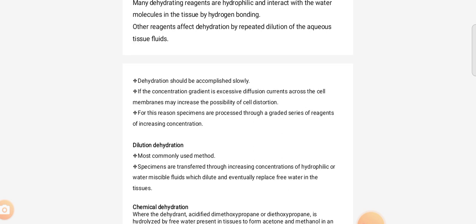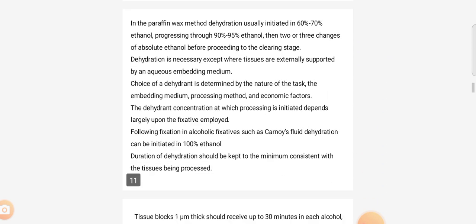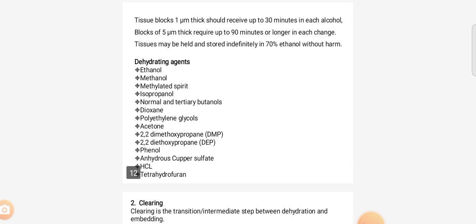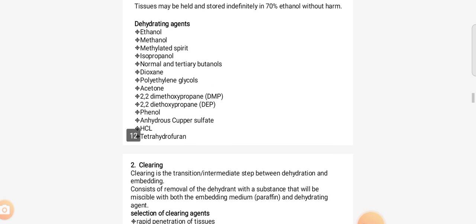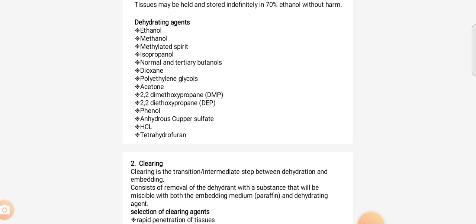Dehydration should be accomplished slowly. Dehydrating agents: ethanol, methanol, methylated spirit, isopropanol, isopropyl alcohol, normal and tertiary butanols, dioxane, polyethylene glycols, acetone, phenol, anhydrous copper sulfate, HCl, and tetrahydrofuran.